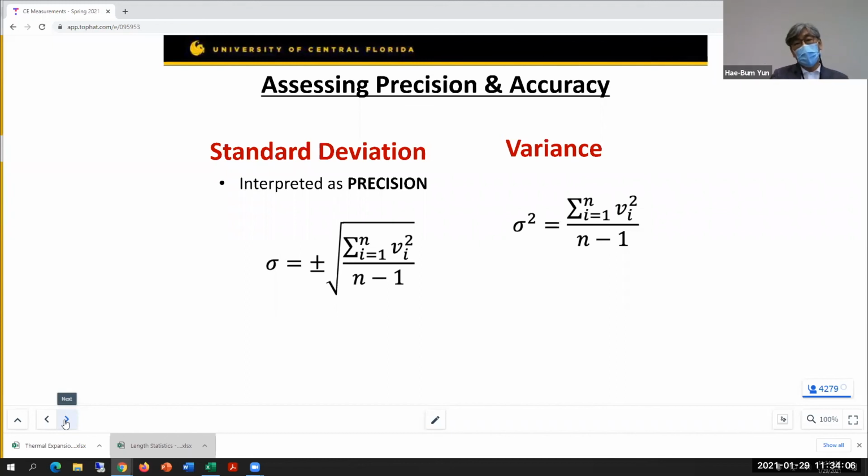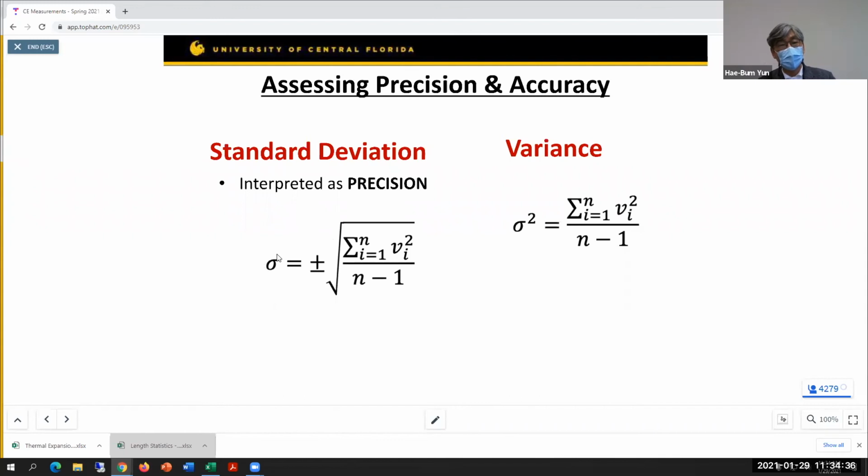So standard deviation is interpreted as precision. Again, precision is related to consistency or repeatability, right? Standard deviation measures precision. I know that you already learned this in your high school class.